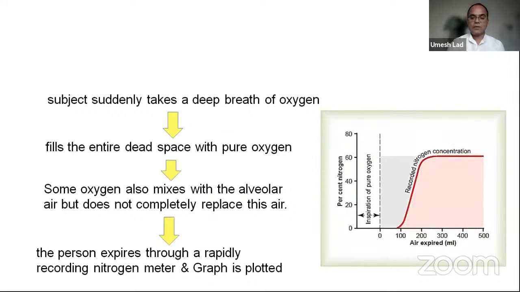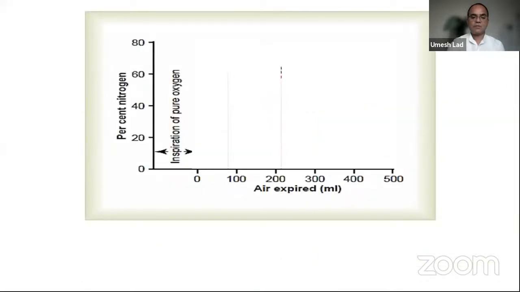Now, how will this graph be done? In the first phase, up to 0, if you see here, there is inspiration of the pure oxygen. Then we give time for it to mix with the alveolar gases and to get filled.